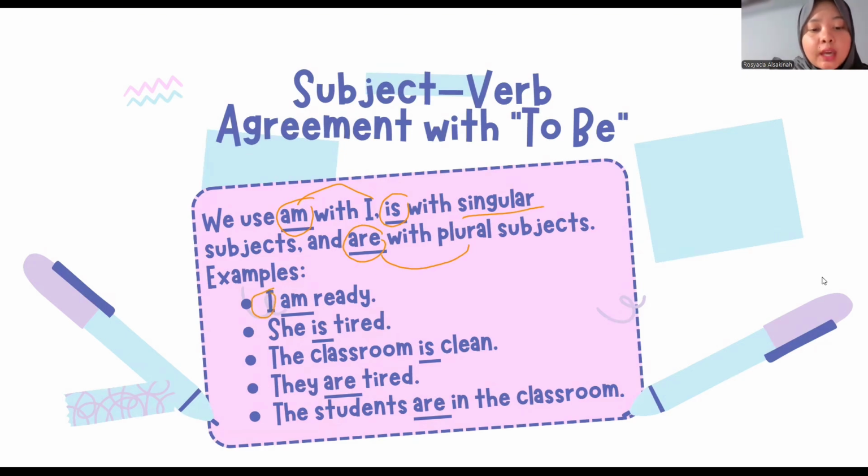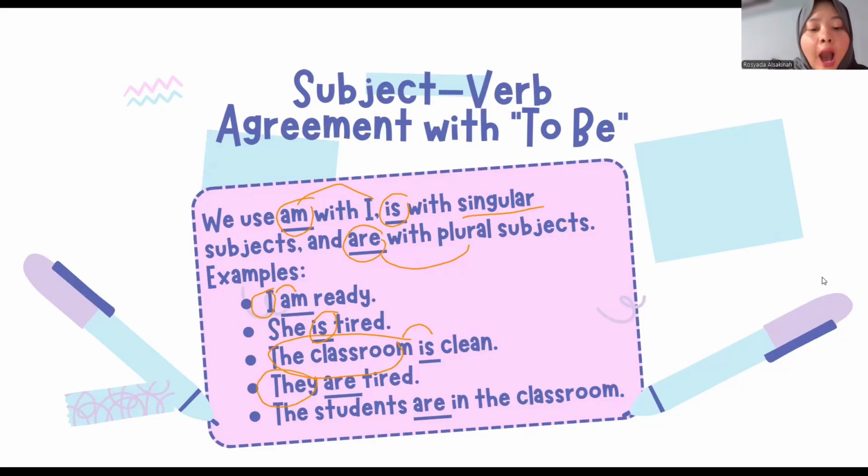So we use to be am. The subject is she and we need to be is. The classroom is singular, so we need to use is in the sentence.